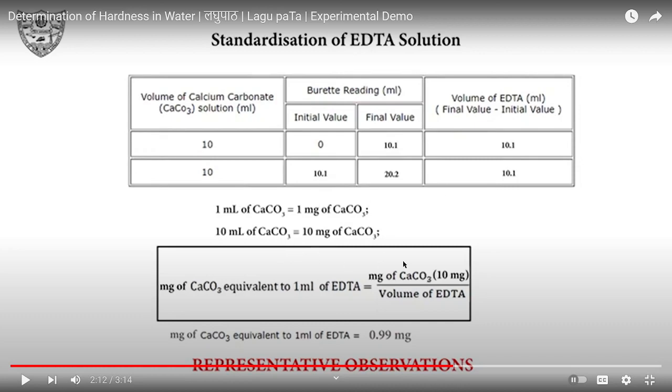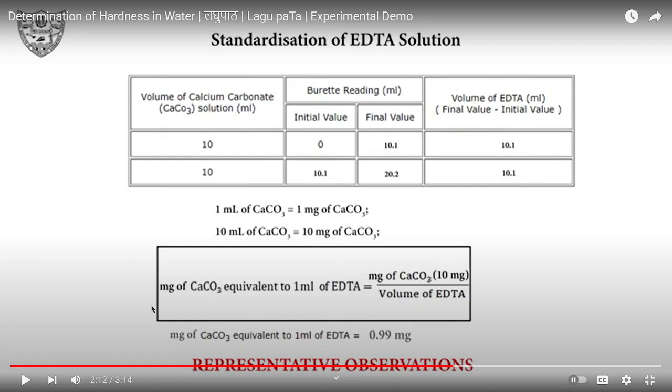See, that's what we did. For 10 ml solution, how much EDTA solution was required? So it was 10.1. Okay. Again, you can repeat it 2-3 times to make sure that your standardization is correct. Based on that, for 10 ml we need 10.1 ml EDTA solution.